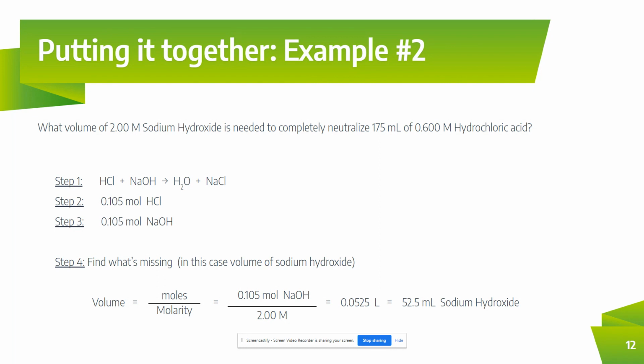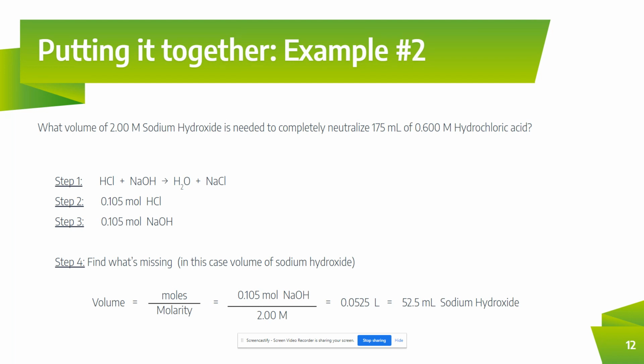And so volume, when we rearrange the molarity equation, is equal to moles over molarity. So we take the number of moles from step 3, 0.105, and we divide it by the molarity, 2.00, and we get that there are 0.0525 liters of sodium hydroxide needed.